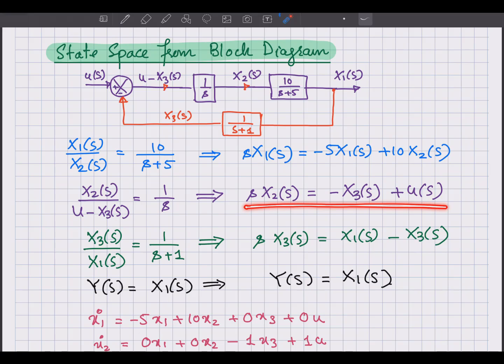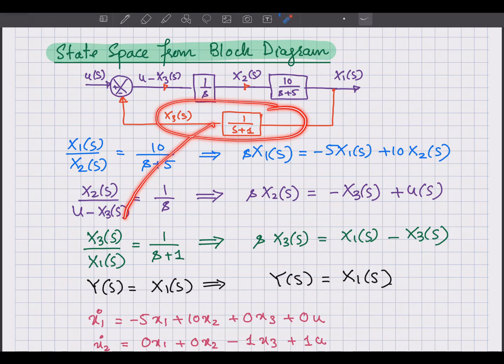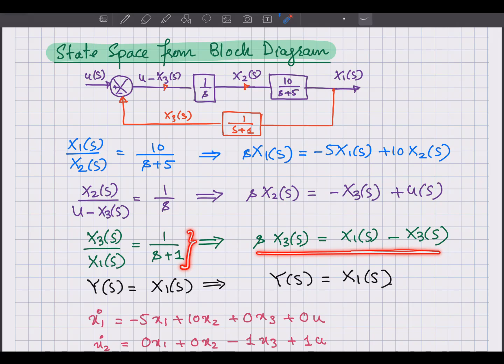Now taking this portion, x3 is the output of this transfer function block, and the input is x1s. So I can write the transfer function as x3 by x1s equal to 1 by s plus 1, and again simplifying this equation, it will be represented like this.